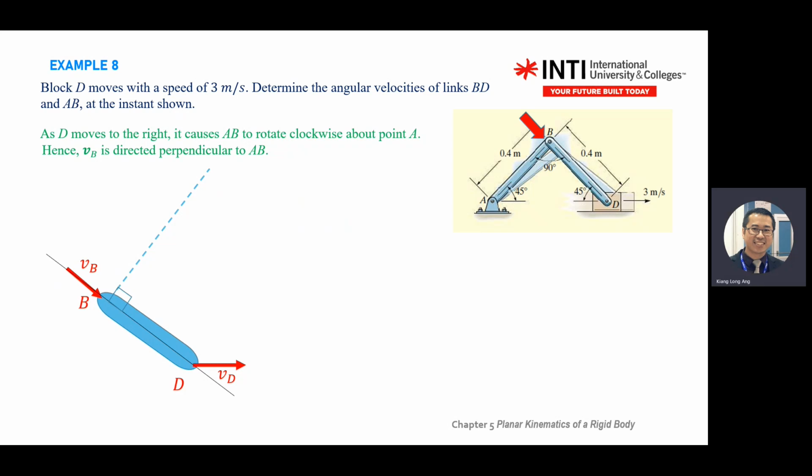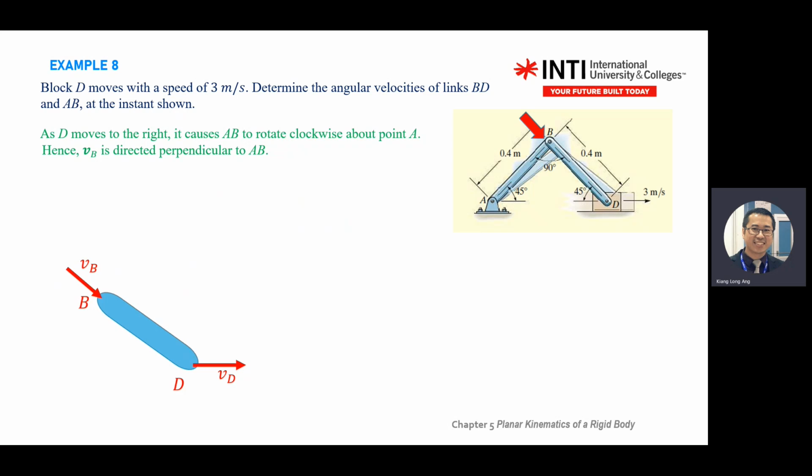Okay, so again, VB is a vector. A vector has magnitude and direction. So VB here, VD in this direction because it's along this flat surface. So once you pick 2 points, again use your ruler. You put your ruler here, you draw a line.